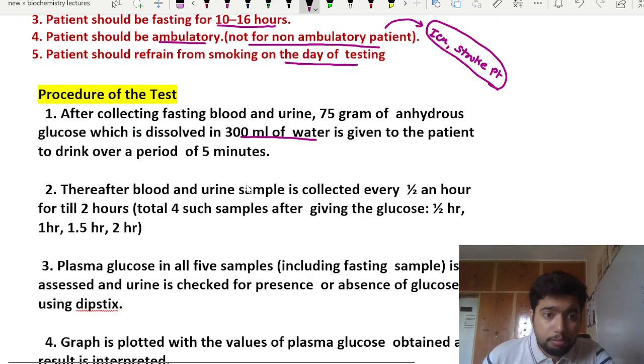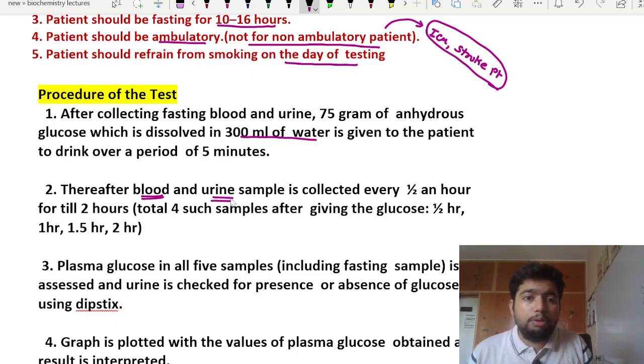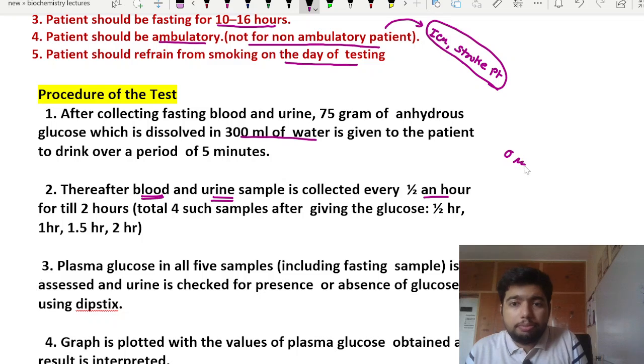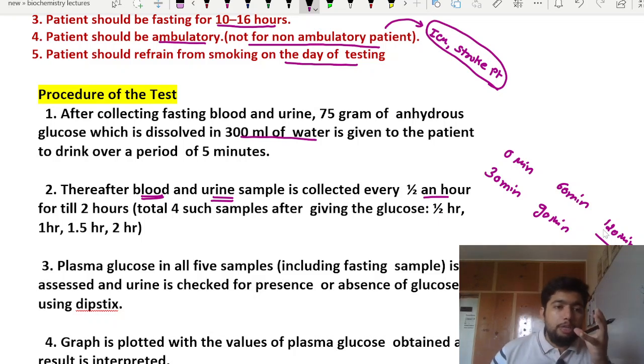Thereafter we take blood and urine samples every half hour, that means at 0 minute, then 30 minutes, followed by 60 minutes, 90 minutes and 120 minutes.